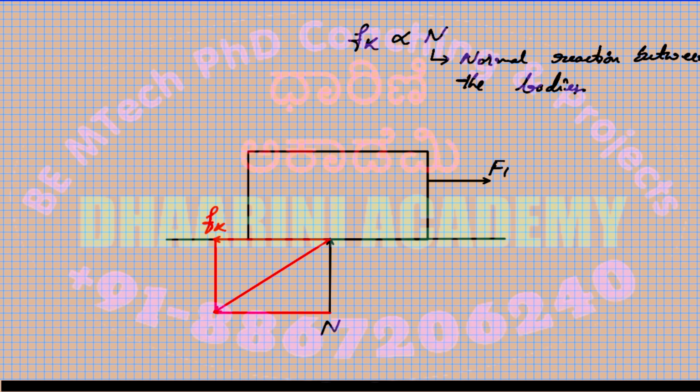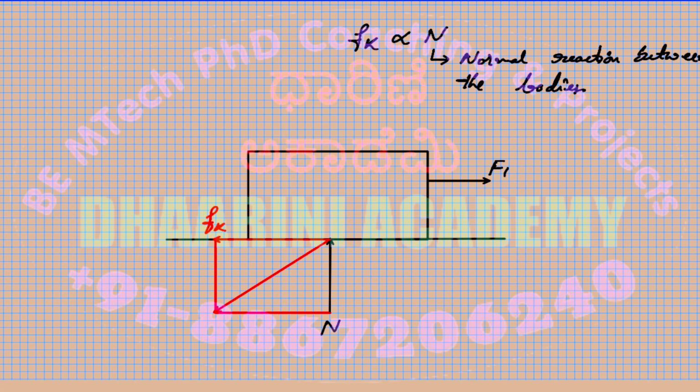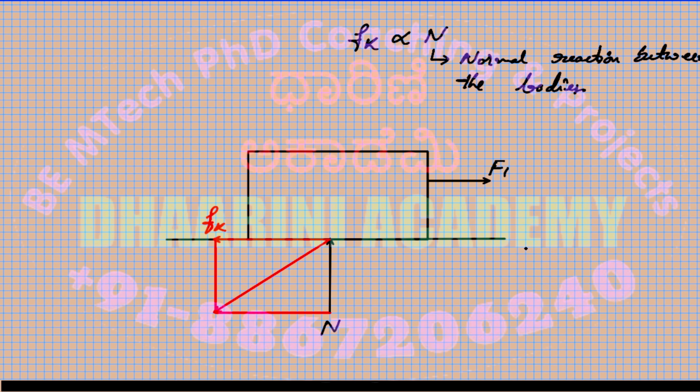Now I can try to find a constant between Fk and N. Fk is proportional to N, as we have written earlier.